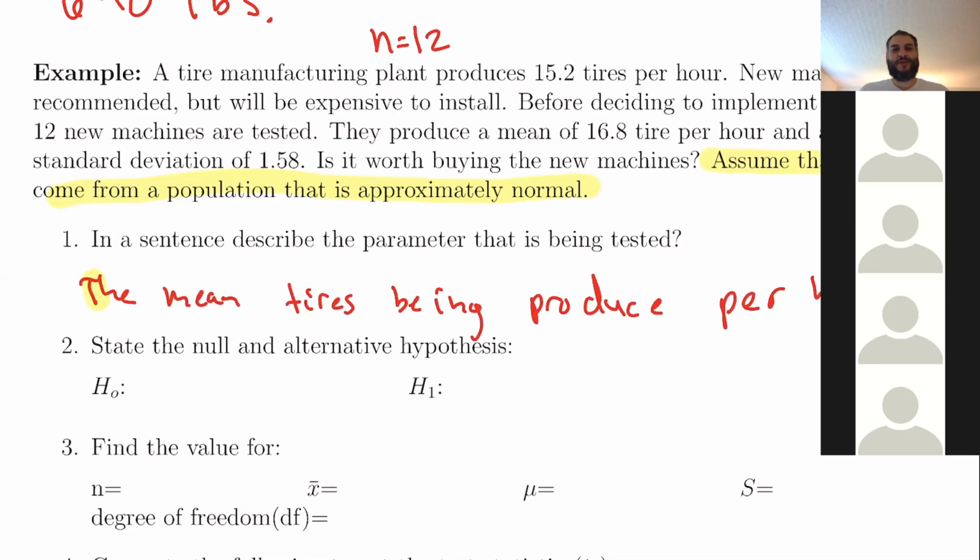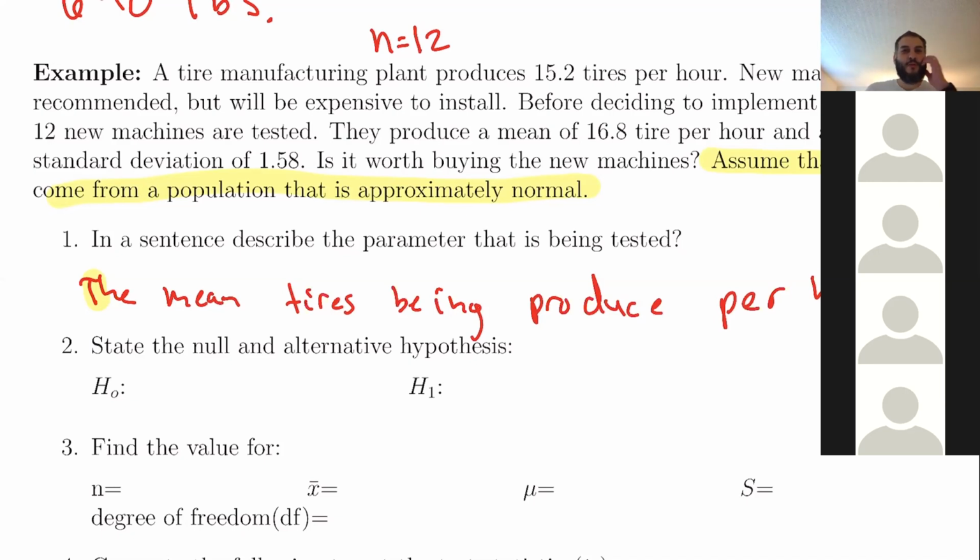All right, so for this one, if you read the problem, you want to see if their machine is on par with the new machine. Because if it's not on par, they're going to buy the new machine. But if the new machine and the old machine are spitting out the same amount of tires, there's no need to buy the new machine if the old machine is working just fine.